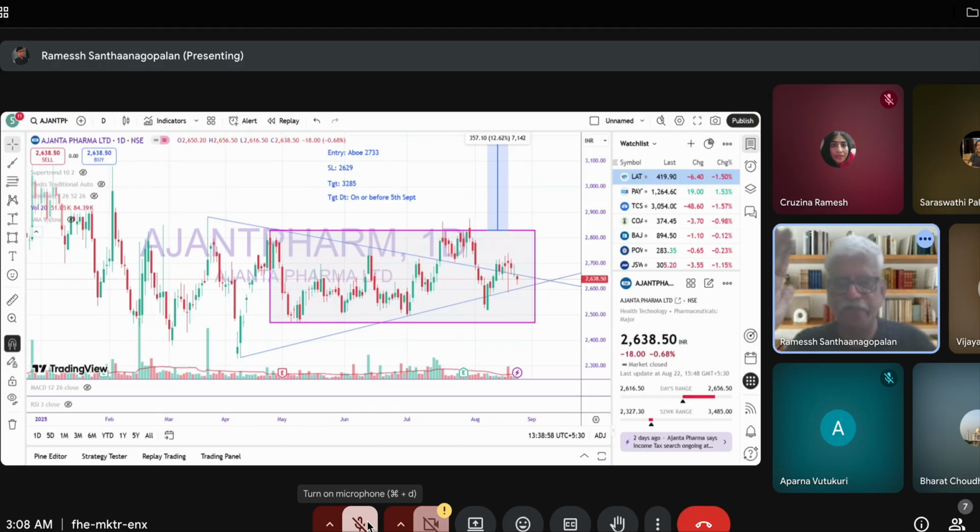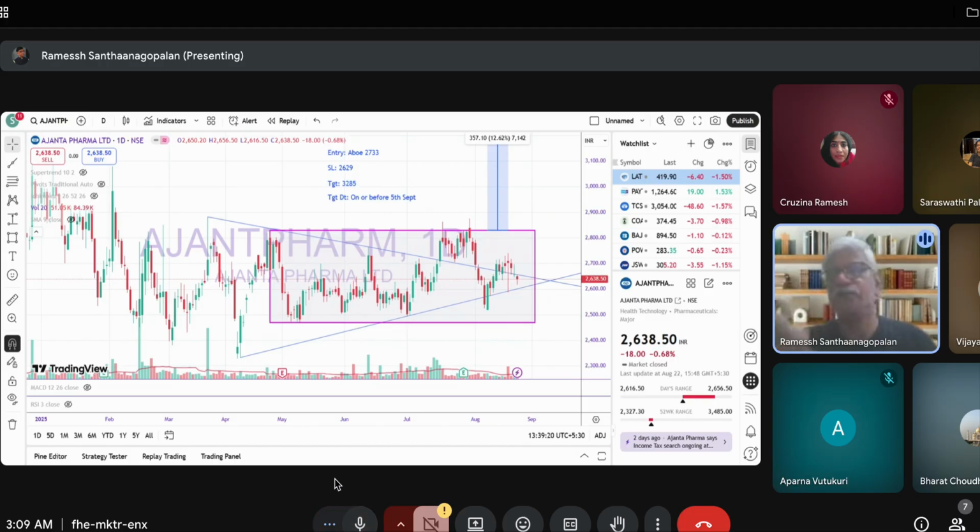If you have invested, every day you have to open and see what is the status of your investment, what is the level of the stock, whether it has hit the stop loss or not. If it has hit the stop loss, better to get out the next day.